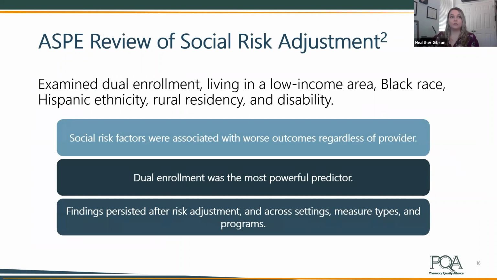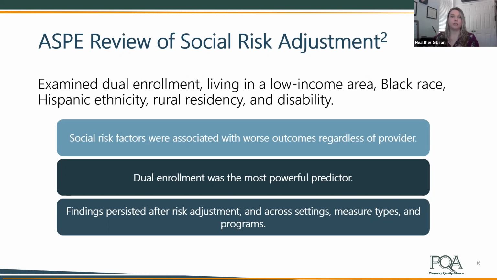Switching gears to ASPE, in their first report, they examined dual enrollment, living in a low income area, Black race, Hispanic ethnicity, rural residency, and disability for appropriateness as social factors for risk adjustment. What they found was that the social risk factors were associated with worse outcomes regardless of provider.